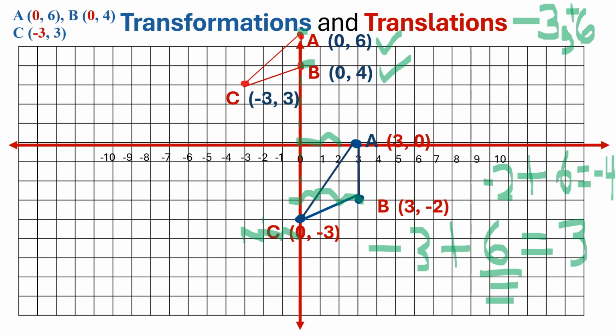You're starting at this -2, so you're going to go up 6. 1, 2, 3, 4, 5, 6. That's where you are. So that checks out. Just a check. Think about it.